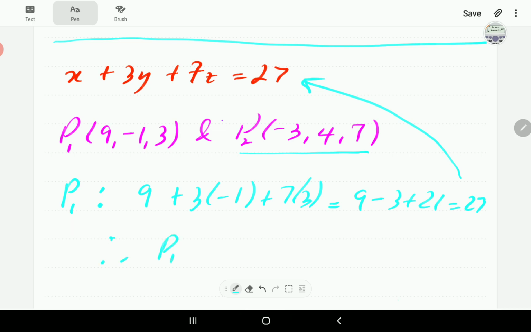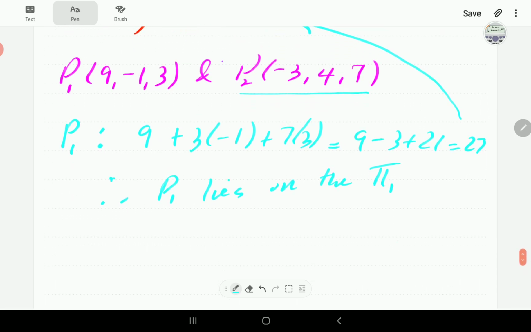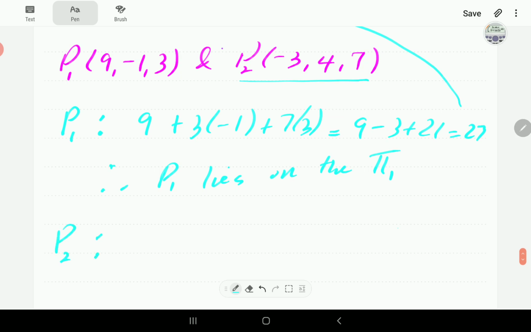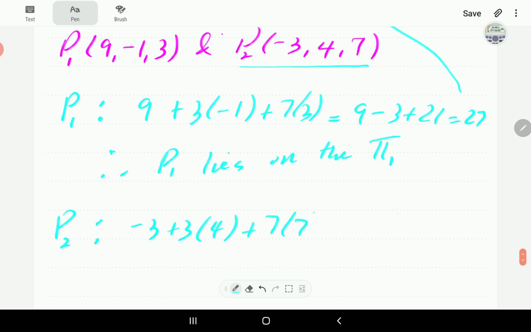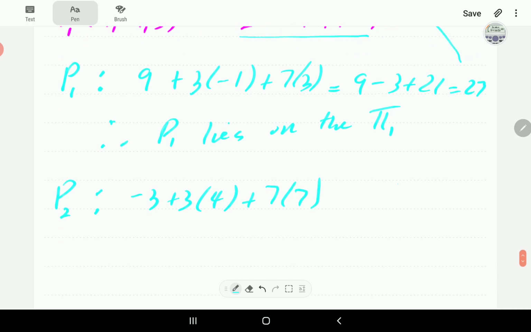So we can conclude that P1 lies on the plane pi 1. And then we do the same thing for P2, which is (-3, 4, 7). So it's going to be minus 3, plus 3 times 4, plus 7 times 7. That's minus 3 plus 12 plus 49.